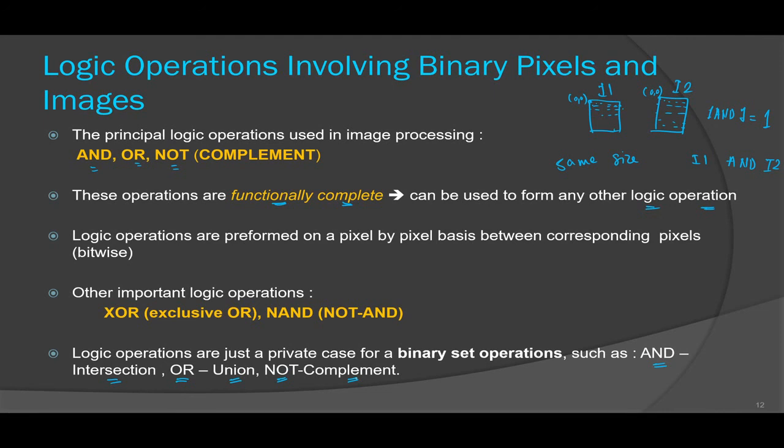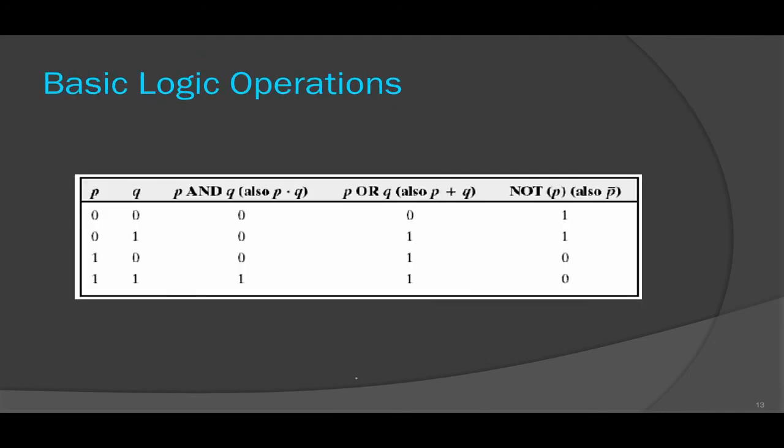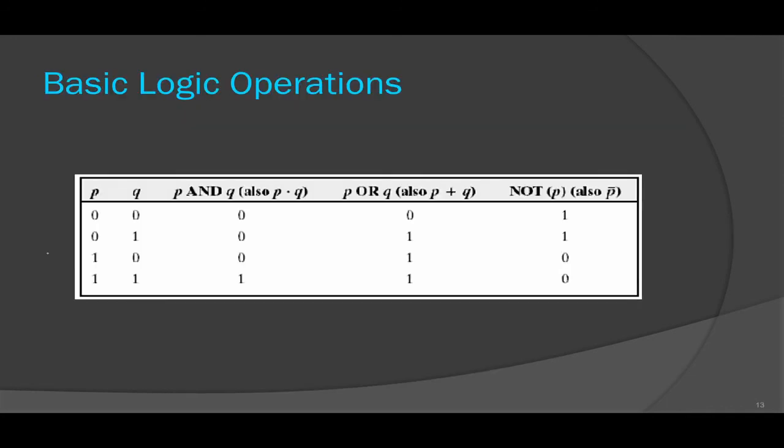Now see here, we have a truth table for these three basic logic operations: AND, OR, and NOT. If I have two inputs P and Q, and P and Q are both 0, then P AND Q would be 0, P OR Q would be 0, and NOT P would be 1.